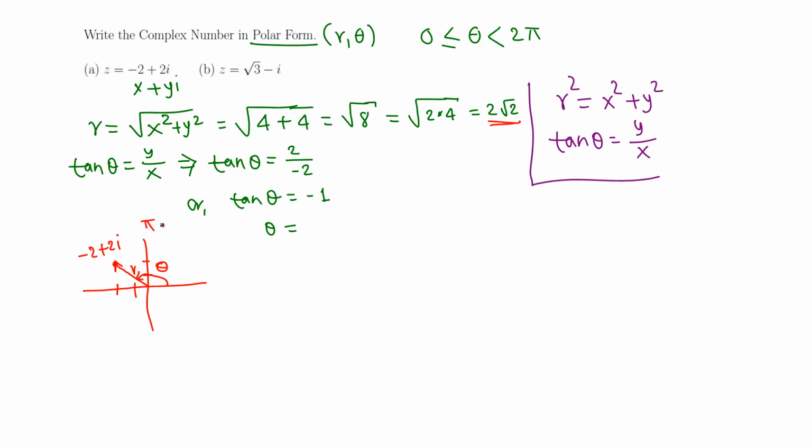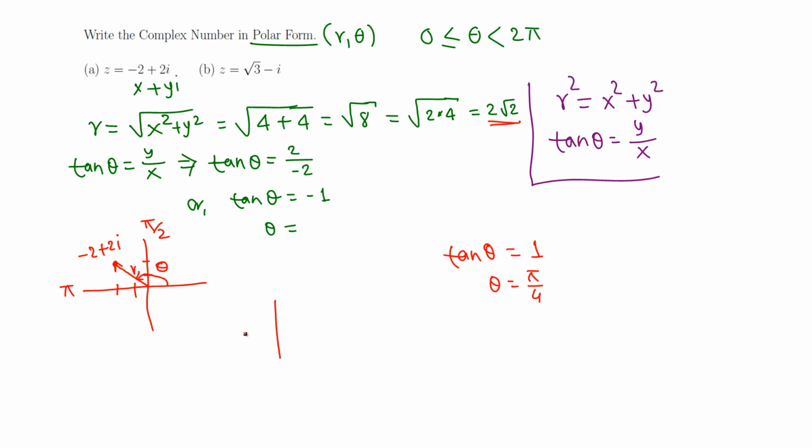Theta should be bigger than pi over 2 and less than pi. We know tangent is 1, without the negative sign. Tangent theta is 1 in the first quadrant when theta is pi over 4. Tangent pi over 4 is 1. But we are in the second quadrant.